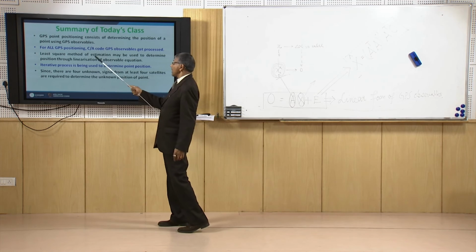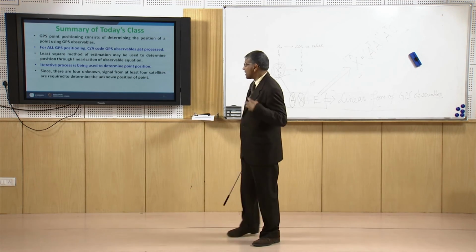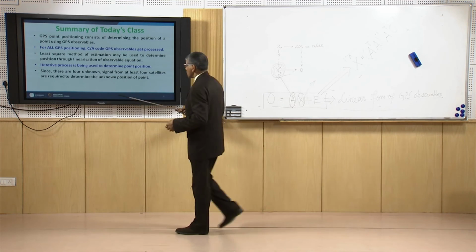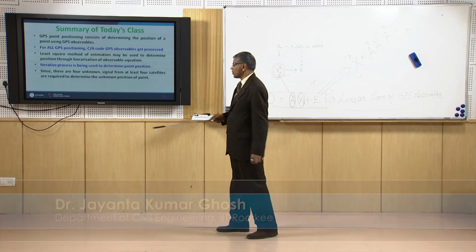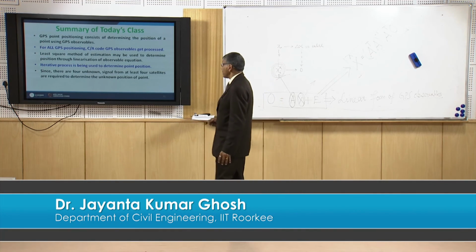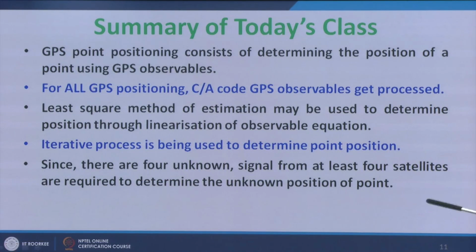One of the methods for finding the position is the least square analysis method, which we discussed in today's class. It is an iterative process through which we determine the point position. Since there are 4 unknowns, signals from at least 4 satellites are required to determine the unknown position of a point.